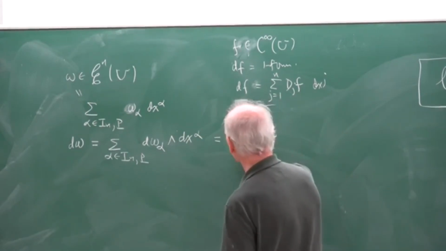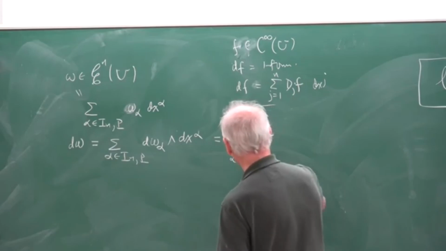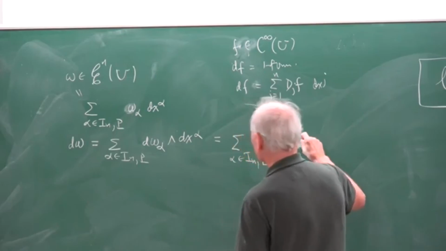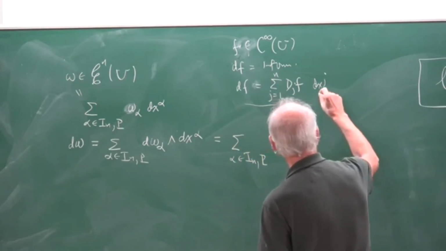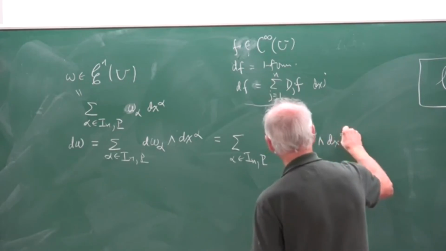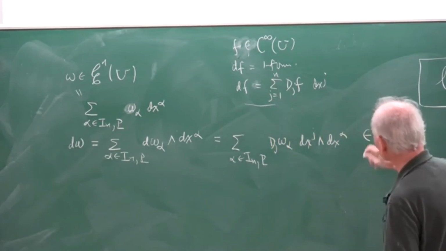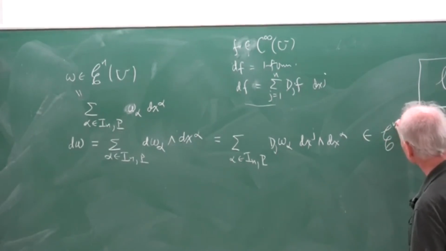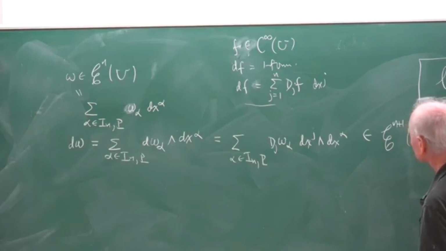So this is the sum over alpha in I_{n,p} of d_j omega_alpha dx_j wedge dx^alpha. So indeed, we recognize that is definitely one of these things in E^{n+1}(U).